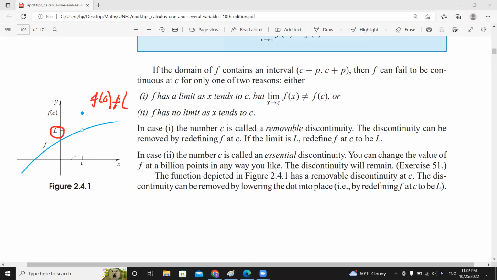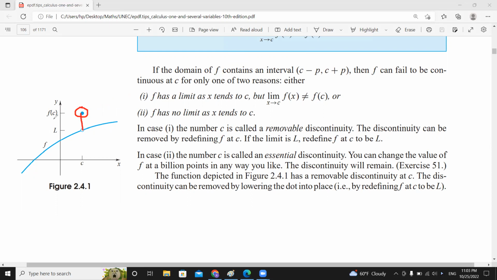And what type of discontinuity is this? As we mentioned, it's a removable discontinuity. But how can we be sure that it's removable? Why is it called removable? Because if we could take this point and move it here, then you're going to see that there is a 100% match for the curve.